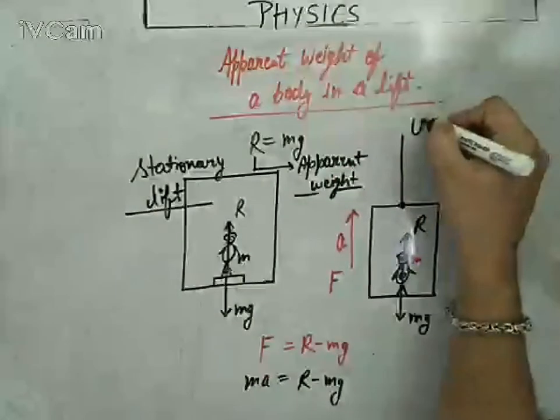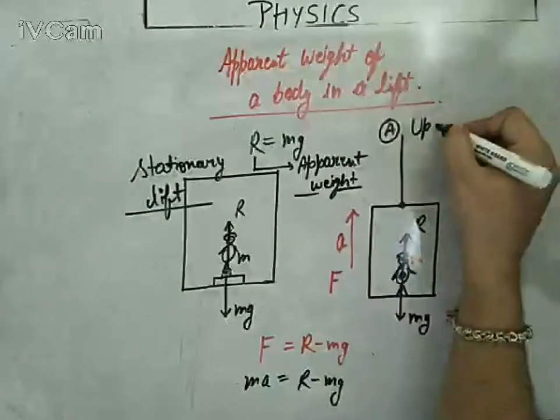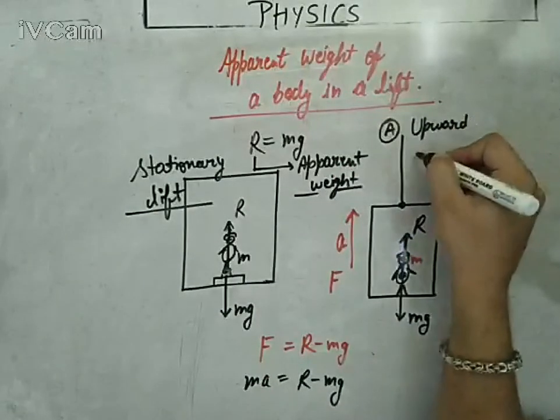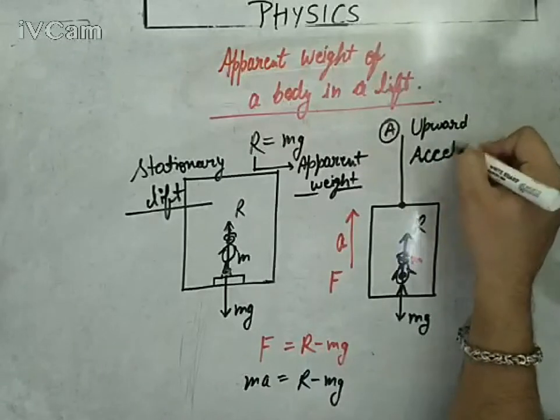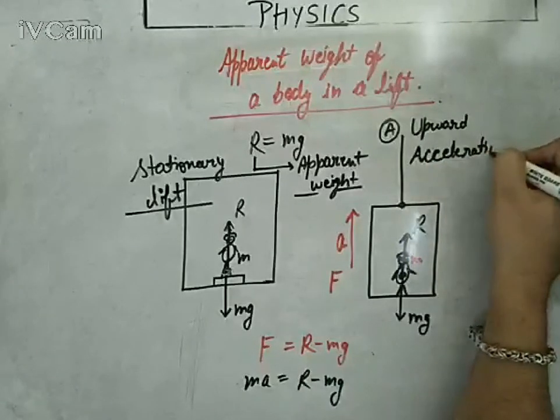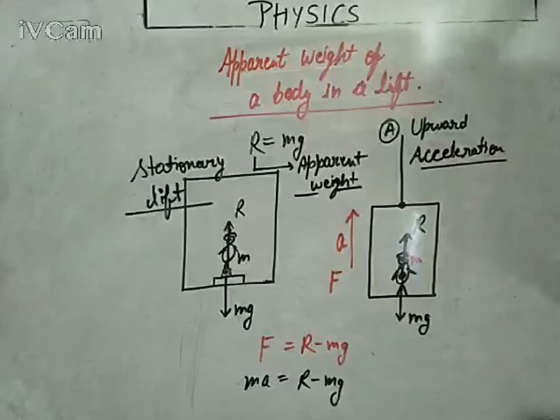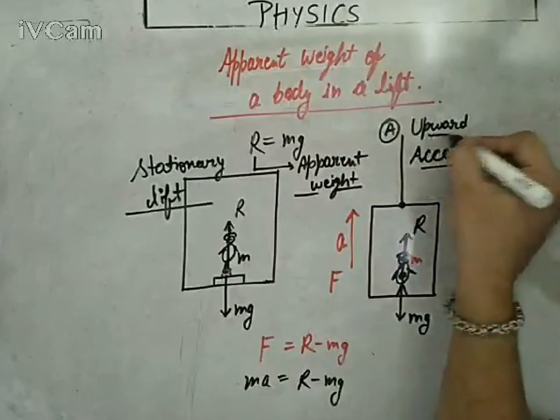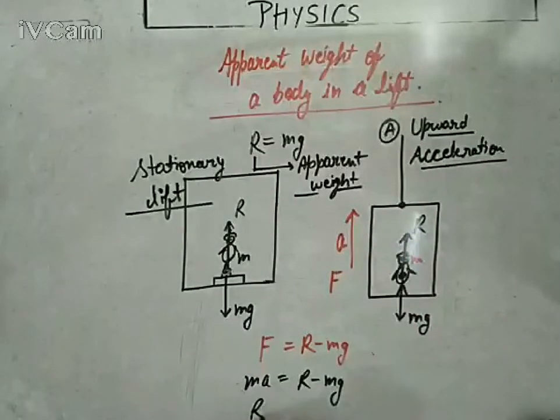So we are talking about a particular case A, upward acceleration of the lift. For this, the apparent weight R would be ma plus mg. You can see ma plus mg, or you can take m common, m(a plus g).